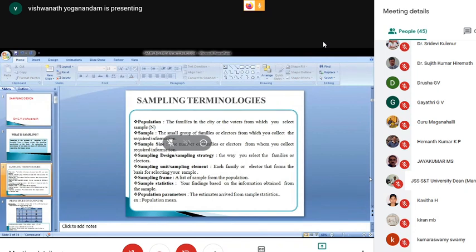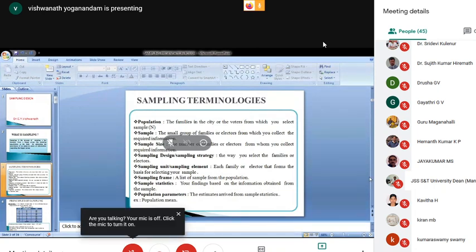Then sample statistics. Your findings based on the information obtained from the sample are called sample statistics. And population parameters are the estimates arrived from the sample statistics, for example, the population mean. Let me repeat it. Population is the total people with whom you are interested in conducting the research, and sample is the small group of families you select.